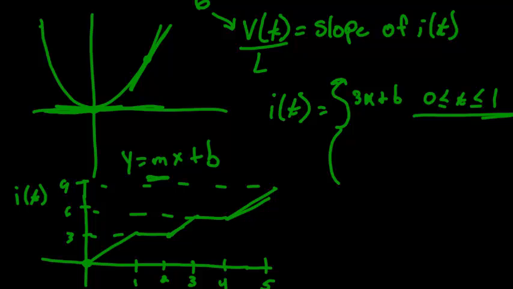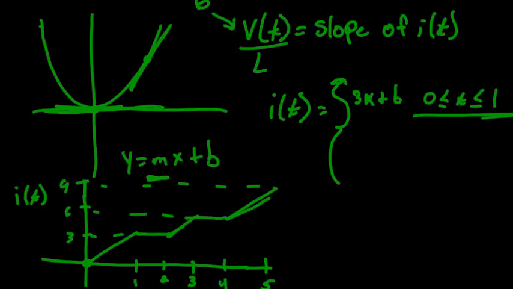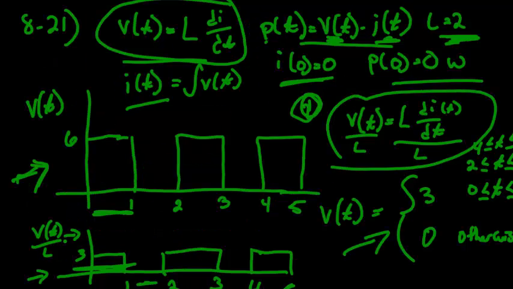So what do we do now? Does that make sense? You could do this for i(t)? Okay, good. So v(t) equals the slope of i(t), yes, but there's an L, so you have to divide by L. So i(t) equals v(t) over L, from the graph.